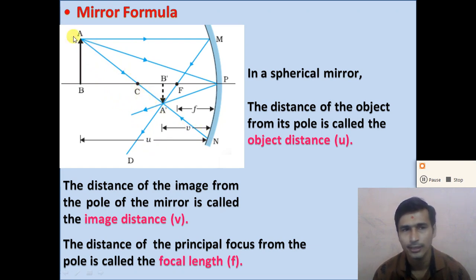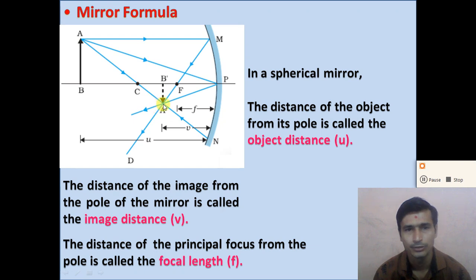And third ray, when the ray of light is incident obliquely at the pole of the principal axis, at any angle, after reflection it will move in this direction, right? So all three rays after reflection meet at a point.